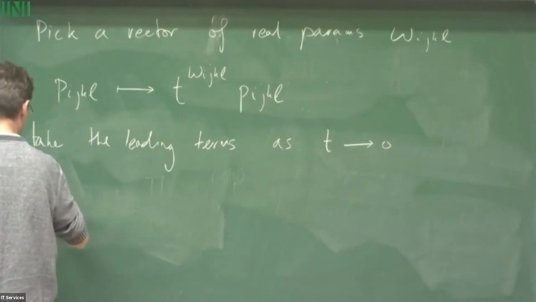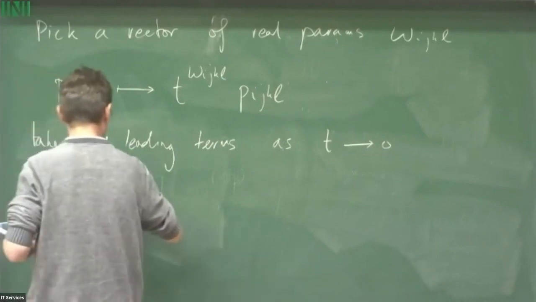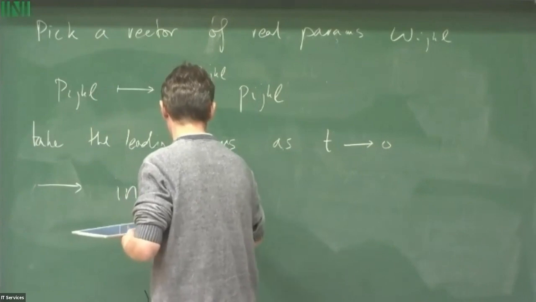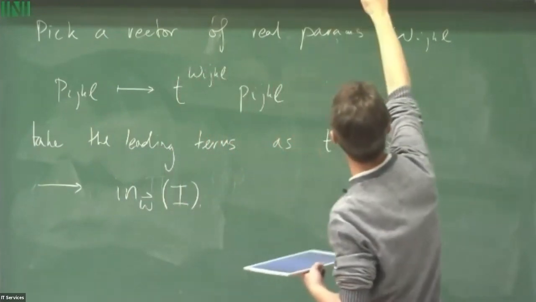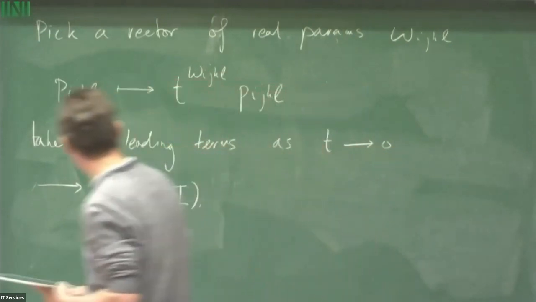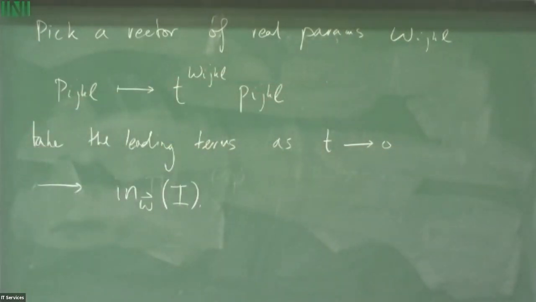So this gives me the initial ideal, indexed by the weight vector w, of the original ideal I, which is this Plücker ideal up here. And then I get a different initial ideal, and to each initial ideal is associated a Gröbner basis.